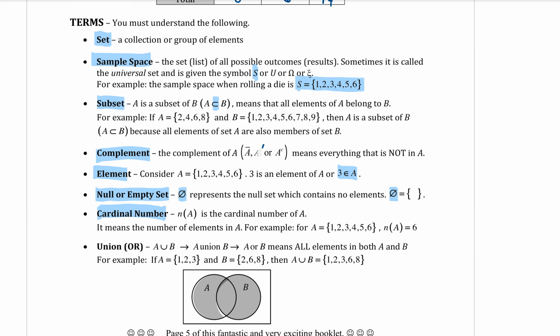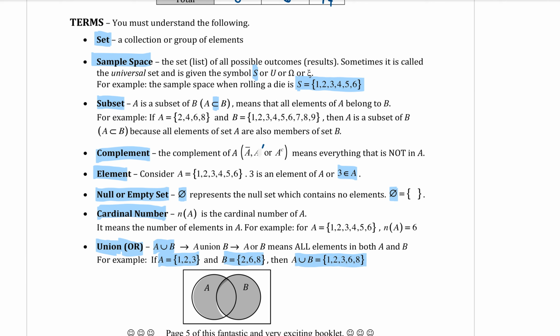Okay, union. You may be familiar with that word union, but I've just introduced that as the word or. If you see this symbol, A or B, it means that you want the union of A and B. A or B means all the elements in both A and B. So if A had the numbers 1, 2, and 3, and B had the numbers 2, 6, and 8, A or B is 1, 2, 3, 6, and 8.